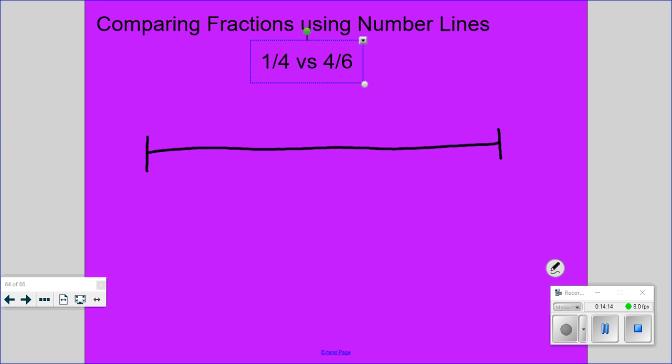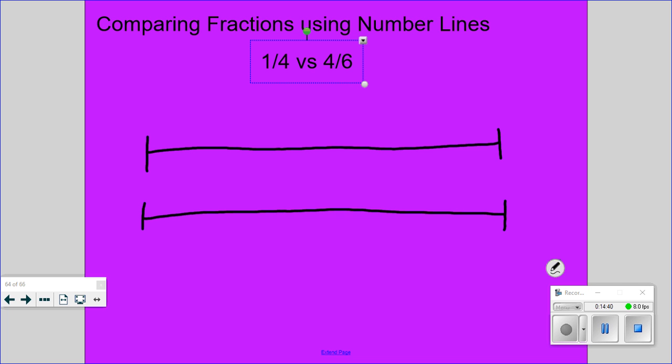All right, let's draw two number lines, two number lines that are exactly the same size so that we can compare them. I'm going to put fourths on my first number line. How many pieces will I need if I'm trying to have fourths? 4. Is 4 an even number?